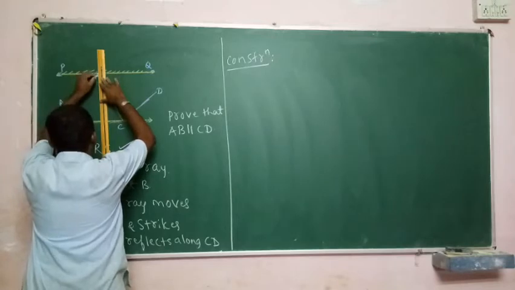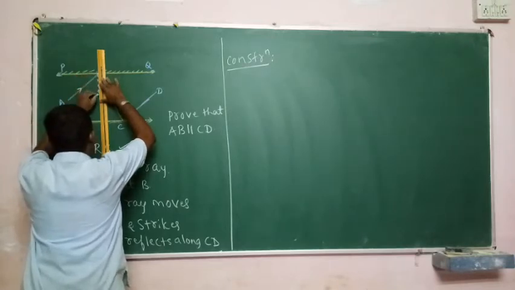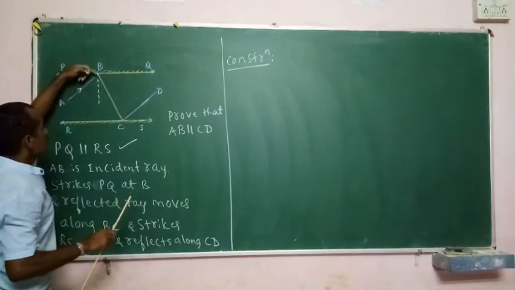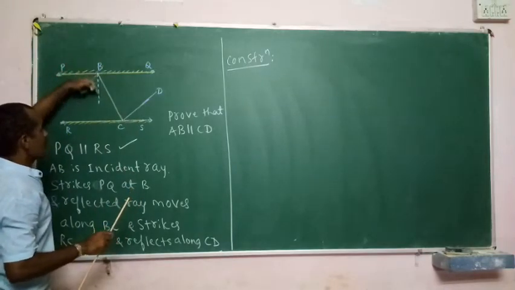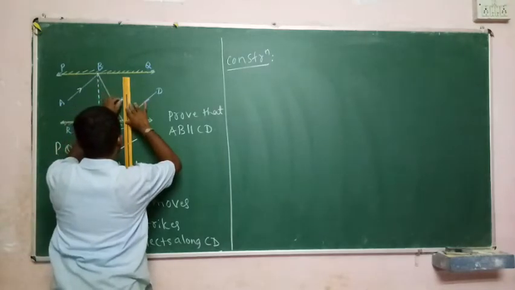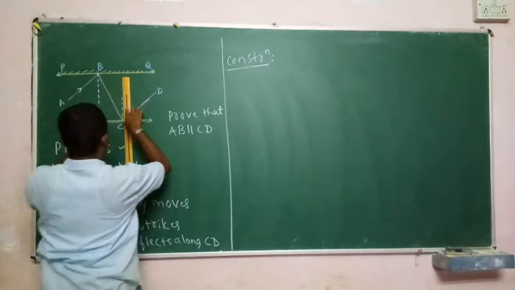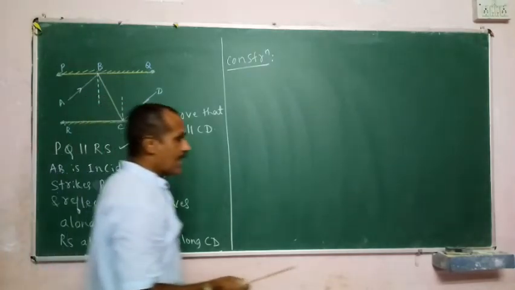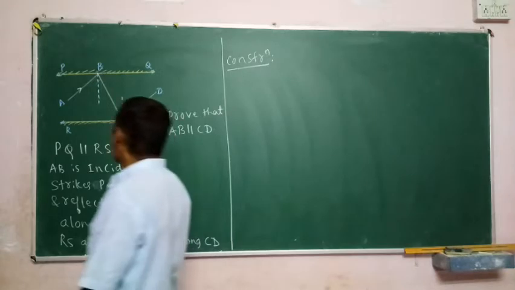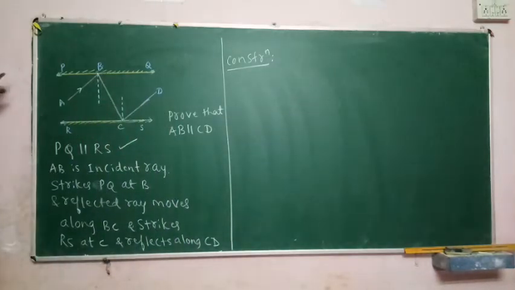A normal is always perpendicular to the base. Here also I will draw a normal. You know that angle of incidence is equal to angle of reflection.